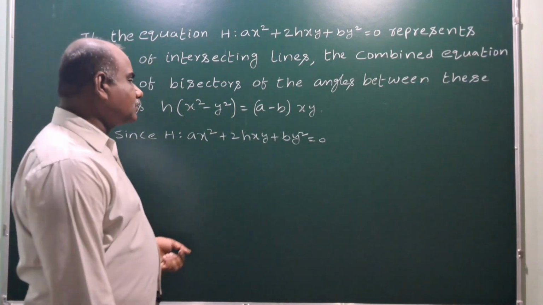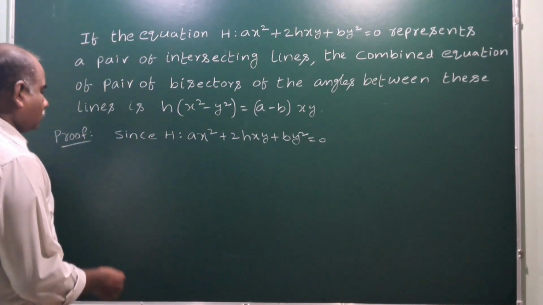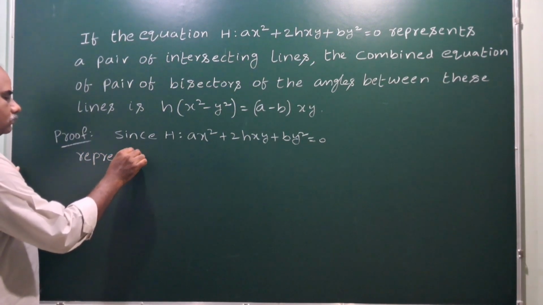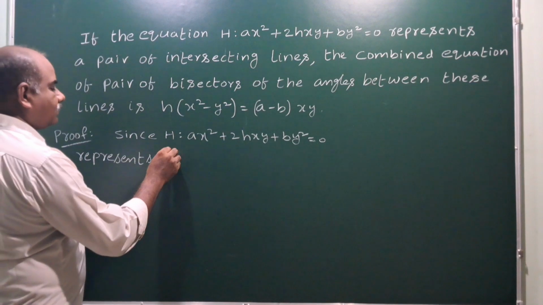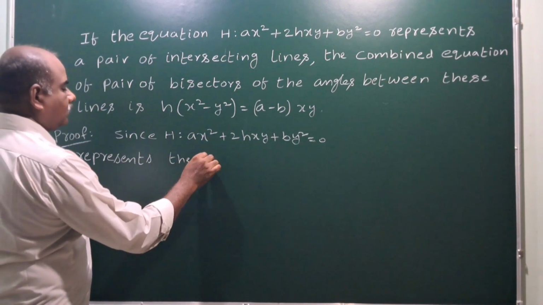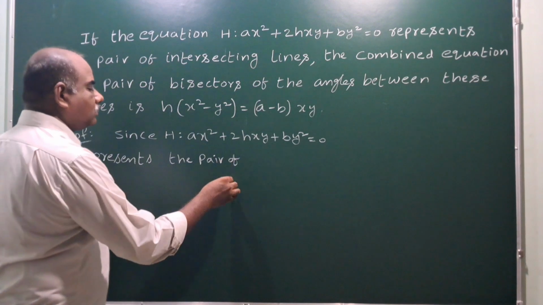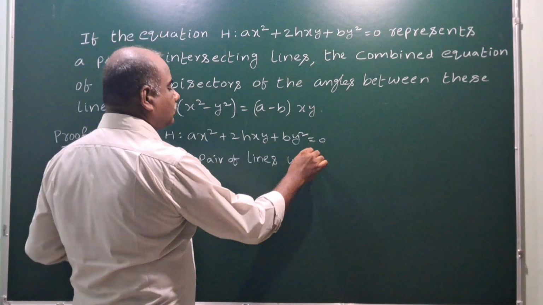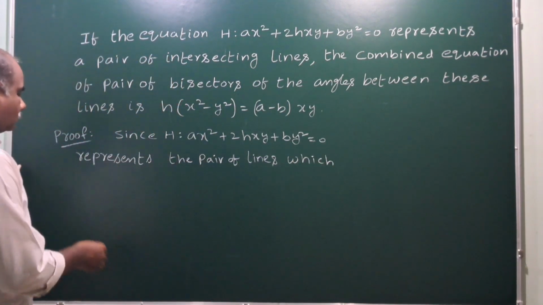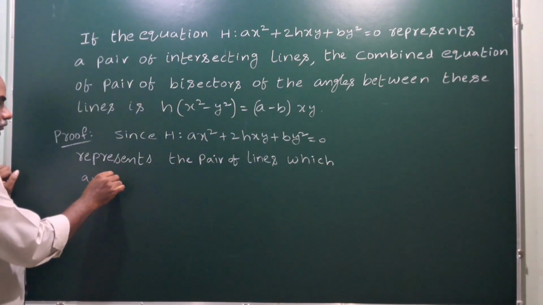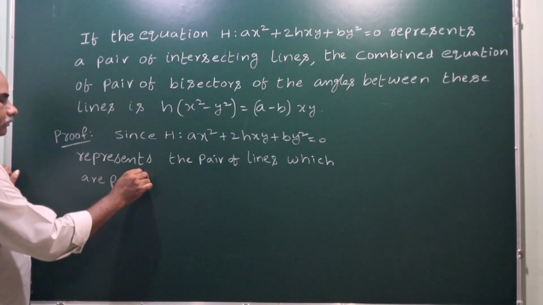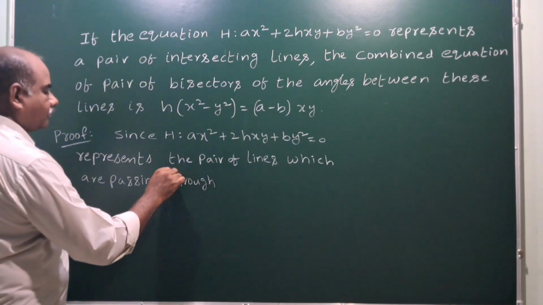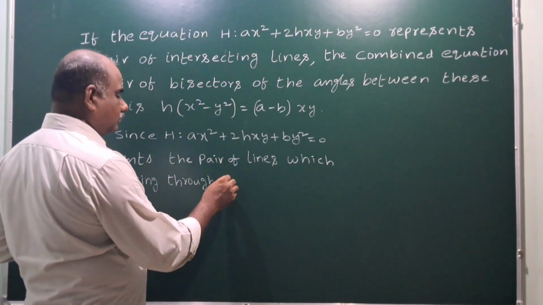That is what we have to understand here. h is equal to 0 represents the pair of straight lines which are passing through origin. So this is the main point here.